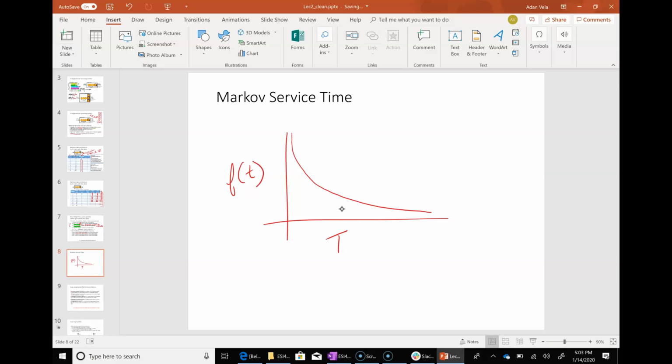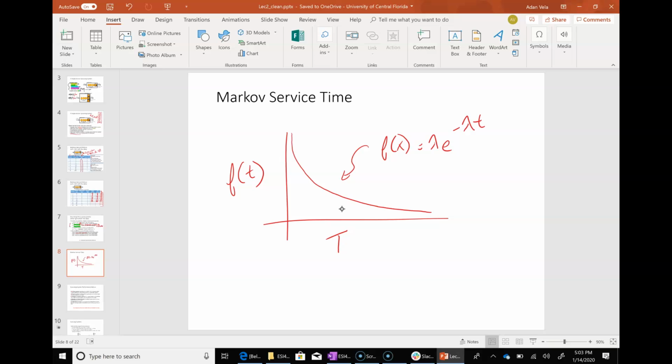What we mean is that the time it takes for any customer to be serviced follows an exponential distribution given by lambda e to the minus lambda t. Hopefully you guys remember this from probability and statistics. This is a fundamental property of queuing systems. And again, we'll study it a bit more in stochastics.